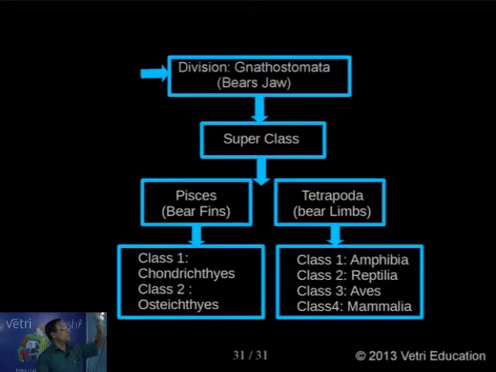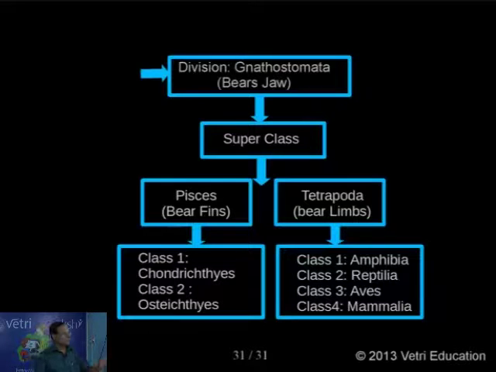Now Gnathostomata. The meaning for that is animals with jaws. Gnatho, with the jaws, stoma, mouth. So animals are provided with jaws, including human beings. Now this includes two superclasses.